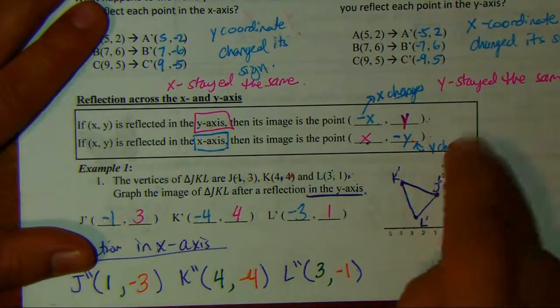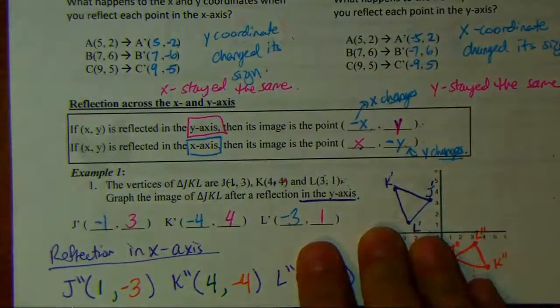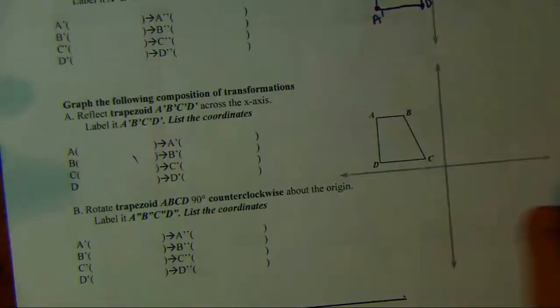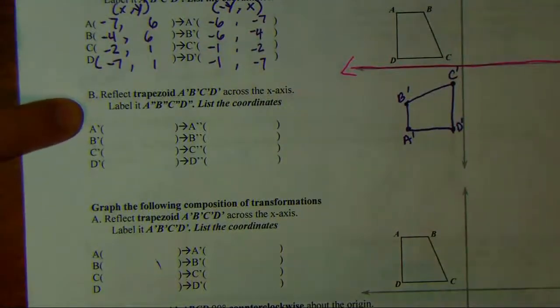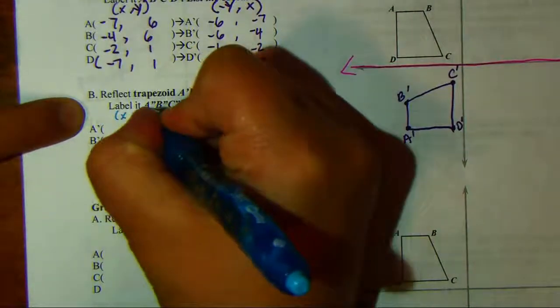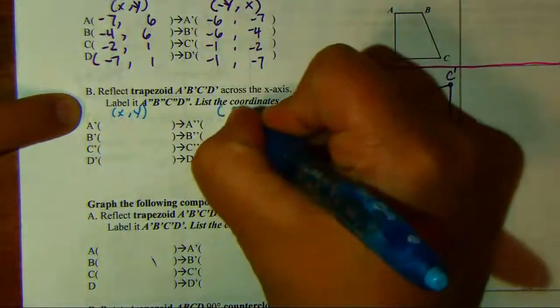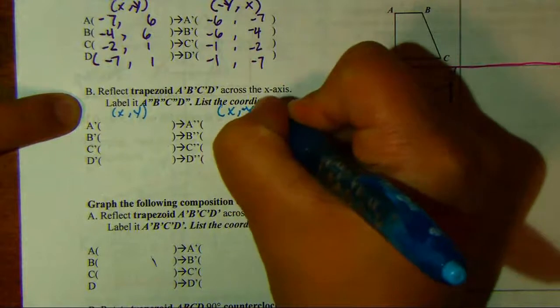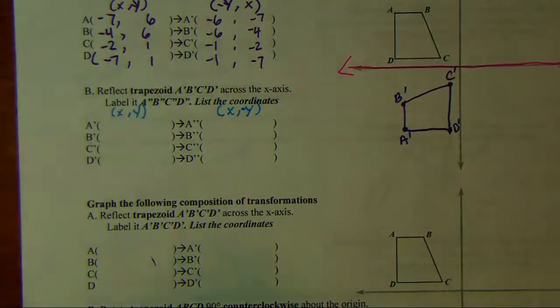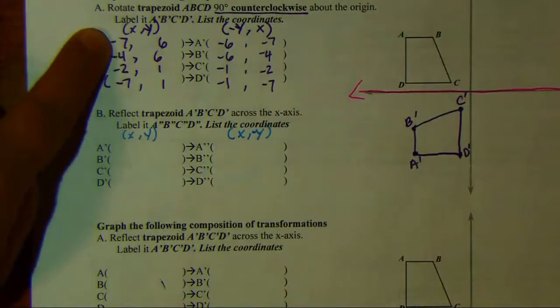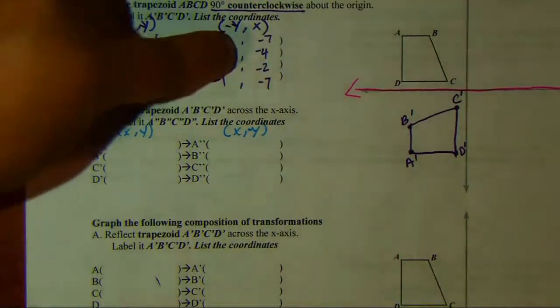So that means our rule for this reflection across the x-axis is that every single one of these points is going to become x comma negative y, aka the y changes sign. But again, just like with the translation compositions, we don't go back to the original. We don't go home. We continue from the store.